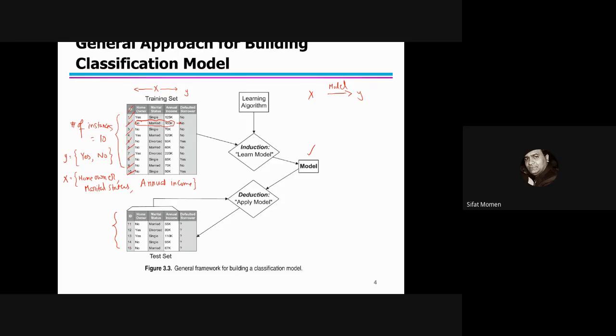So should the bank do that? What the bank can do now is take the model that you have developed and apply this model on these test sets. When I apply the model, that means I give the value of X, and when I give the value of X, what will this model predict?